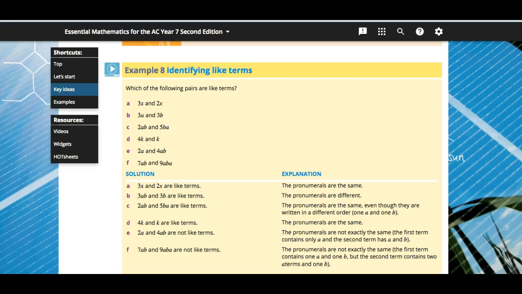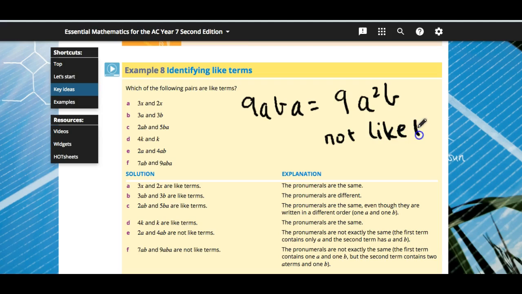And then the last one, I've got AB and 9ABA. Even though that ABA has been repeated, what we do is bring those A's together to be A squared. 9A squared B is not a like term with 7AB.